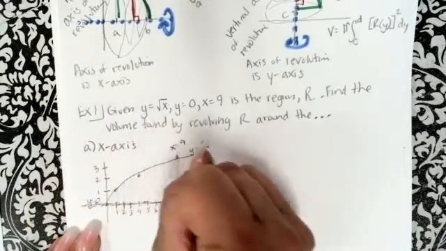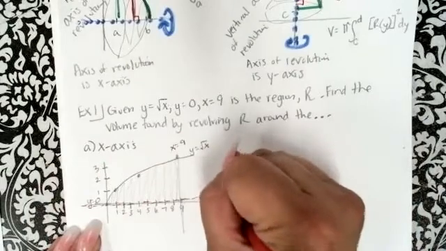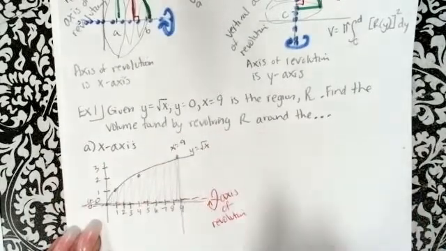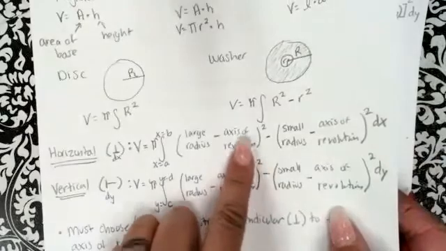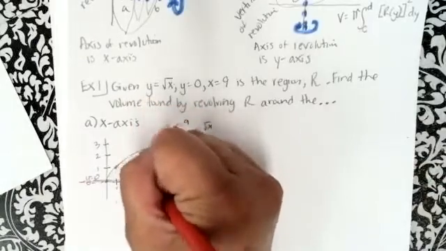So that's the axis of revolution. And that happens to be y equals 0. So when we're doing our formula on the axis of revolution, that's just going to be a 0 there. This is going to be a dx type problem.